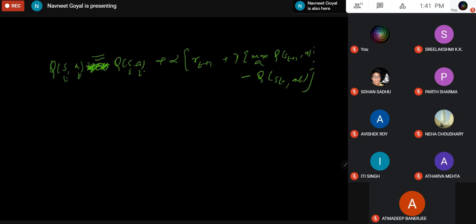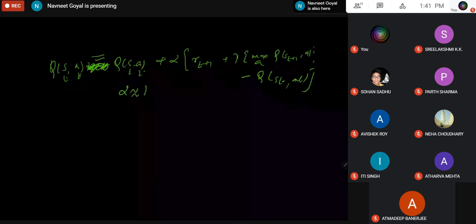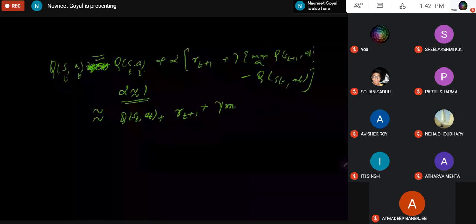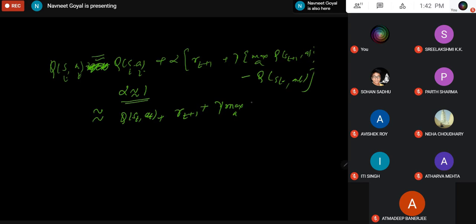So this is what it is, right? Now, suppose I take the learning rate, sorry, not active learning, the learning rate is almost close to 1. So what I can do is this whole thing becomes approximately equal to Q(S(t), A(t)) plus R(t+1) plus gamma times max over A of Q(S(t+1), A), and minus Q(S(t), A(t)).